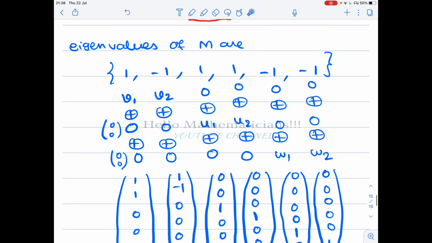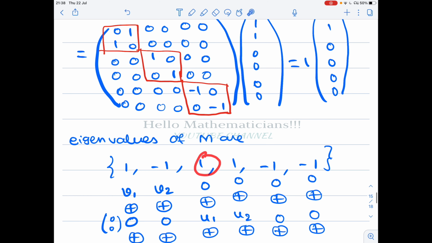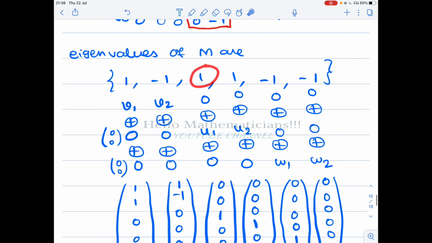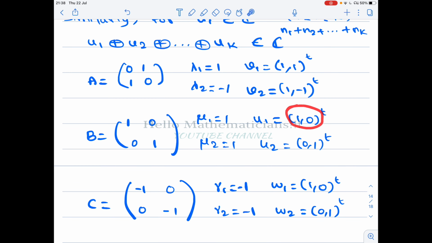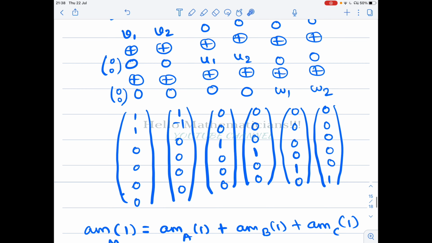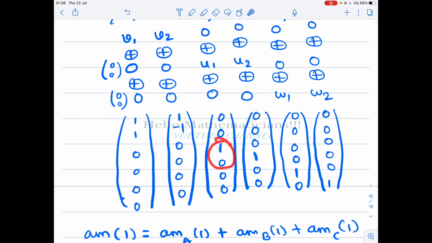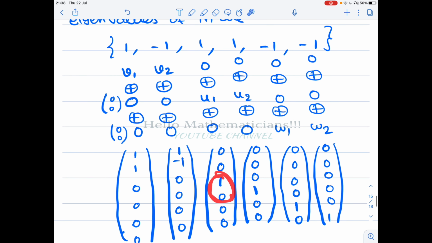In the next step, take an eigenvector of the second block, the column vector (1, 0). Now I have put 1 0 in the second two places, because this eigenvector corresponds to an eigenvalue of the second block.